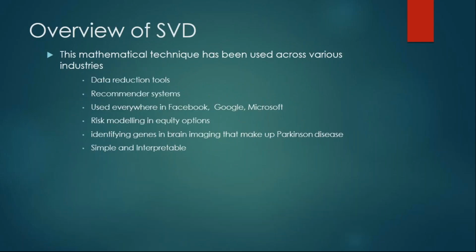So next, what is the overview of SVD here? SVD is a mathematical technique, and it has been widely used across industries for data reduction. Suppose you have high dimensional data, maybe megapixel images with very high resolution, or other very big data.